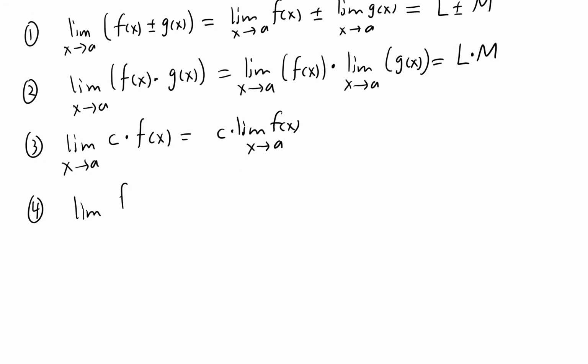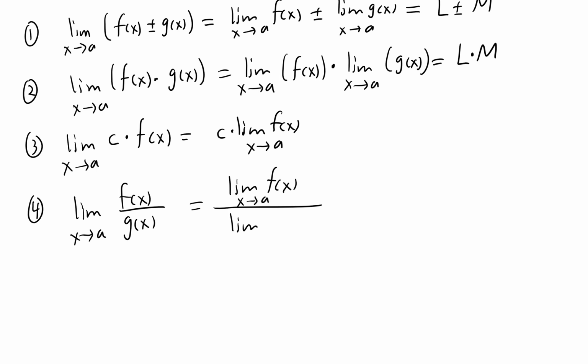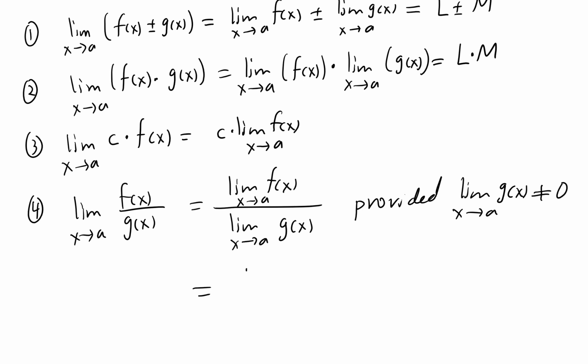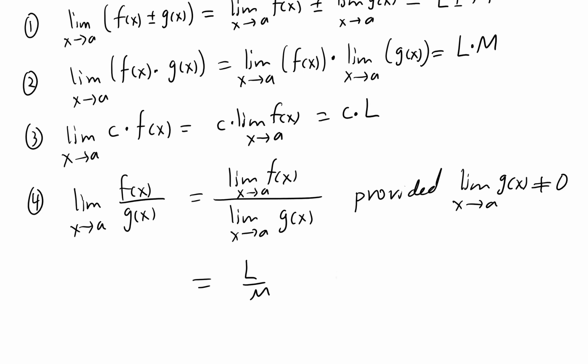The limit of the quotient is the quotient of the limits, provided that the limit of the denominator is not 0. So this would be L over M. This would be c times L.